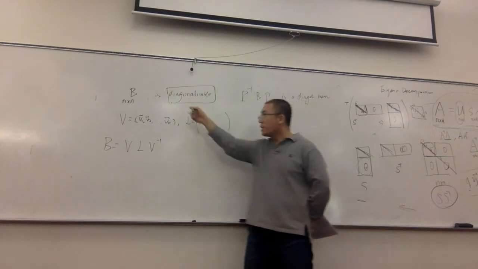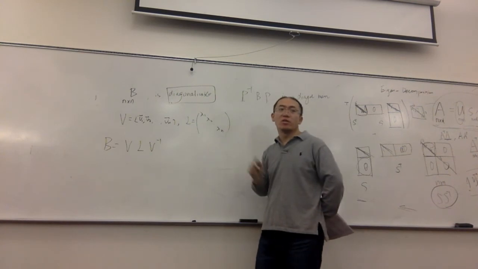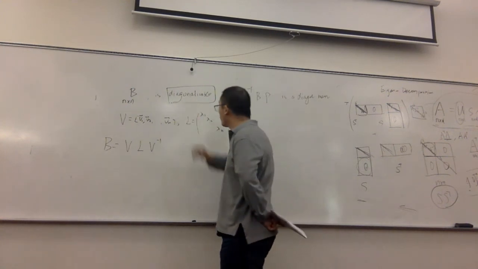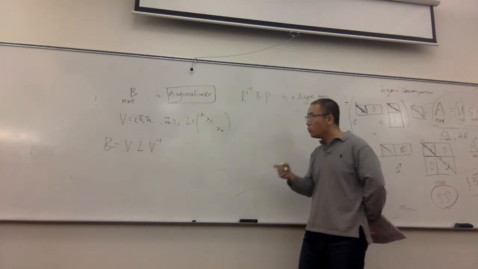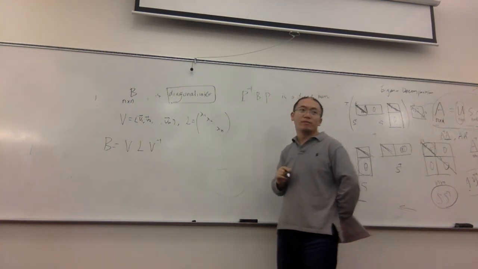So only when B is diagonalizable, it has eigen decomposition. If it is not, then there is no eigen decomposition. You only have eigenvectors and eigenvalues. So of course, when B is diagonalizable, then P could be what?